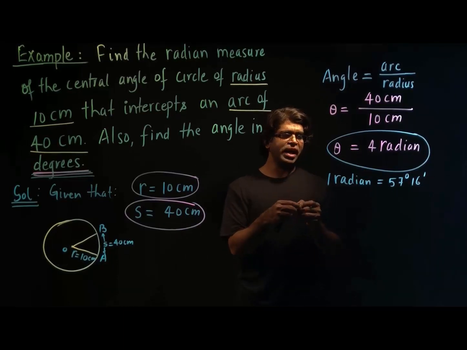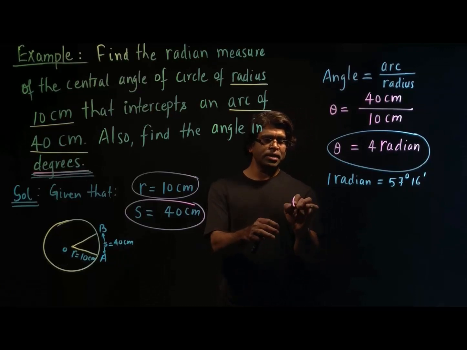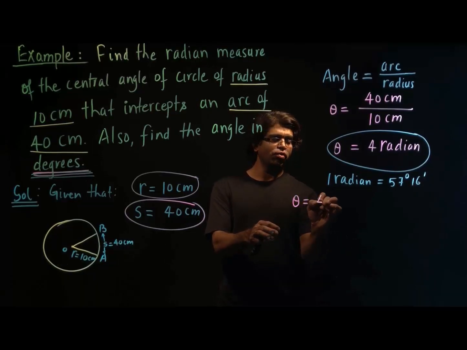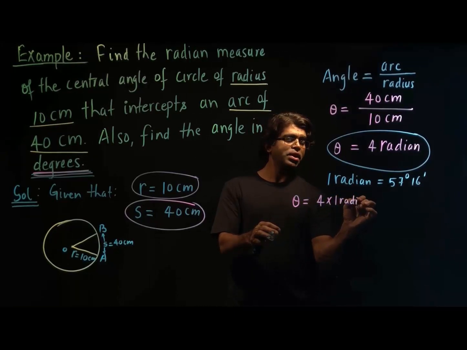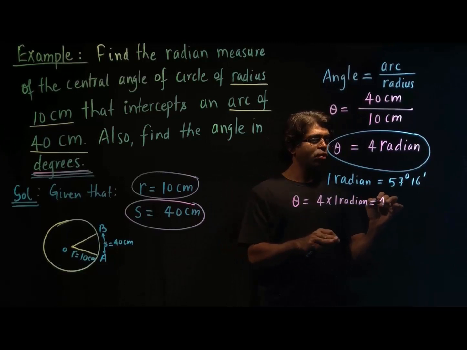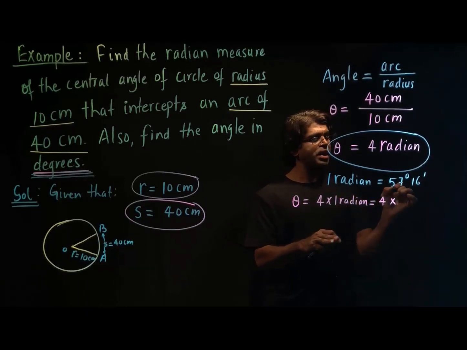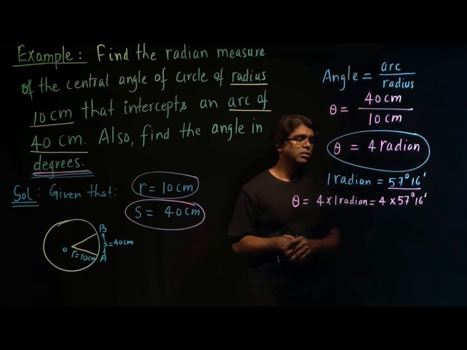So let's convert that. We will write theta is equal to 4 times 1 radian, which is basically 4 times 57 degree 16 minutes.